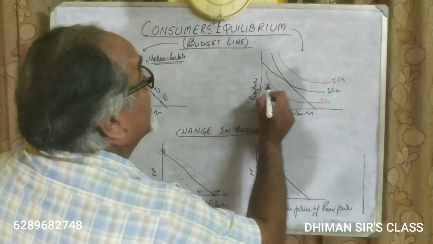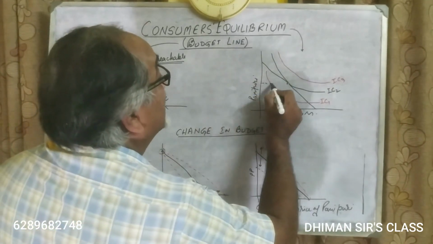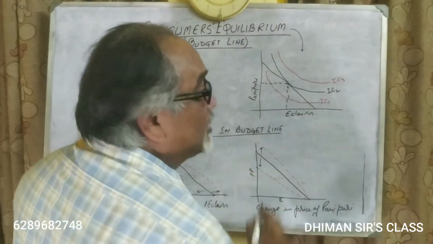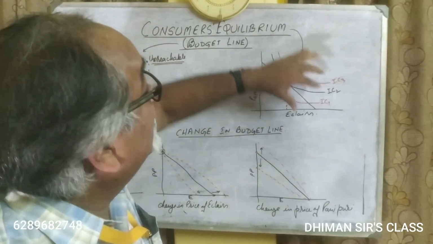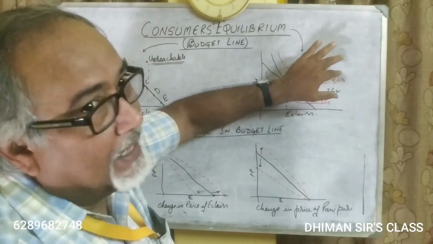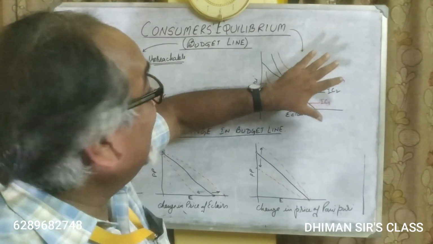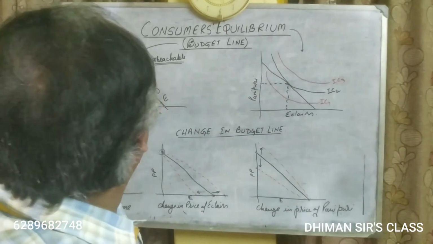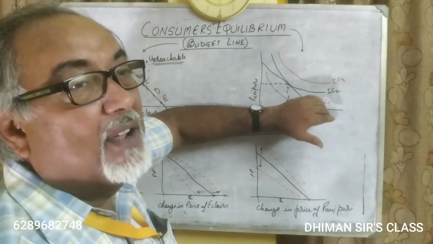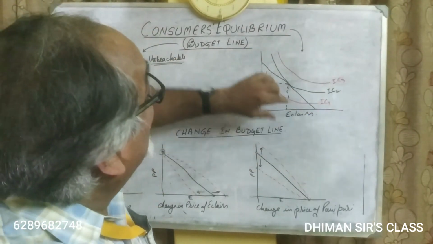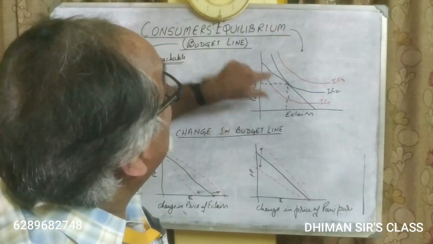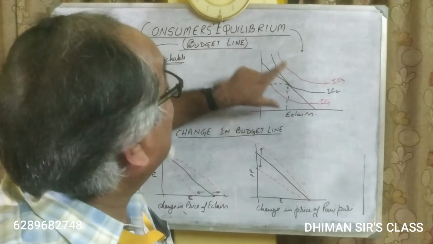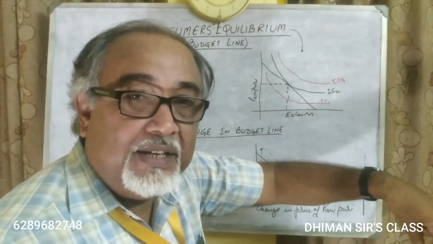So, budget line along with IC1, IC2, IC3. This is the point, students, where I will try to stick, because IC means indifference curve. Three indifference curves, the indifference map is being drawn, and the budget line is added to the indifference curve map. Now, there we will see at which point the budget line becomes a tangent to which IC.